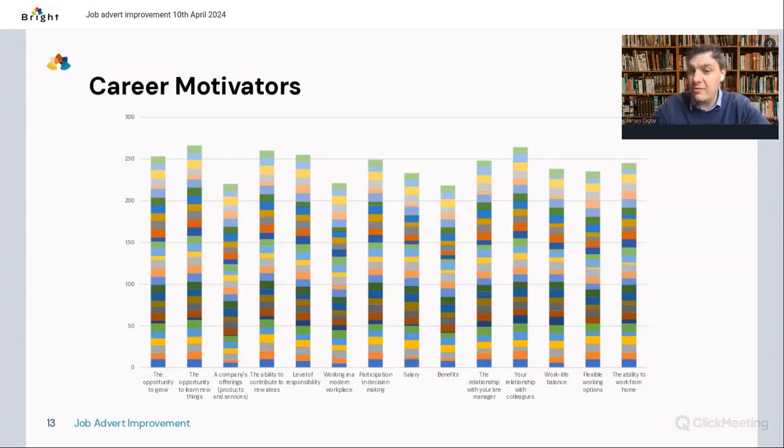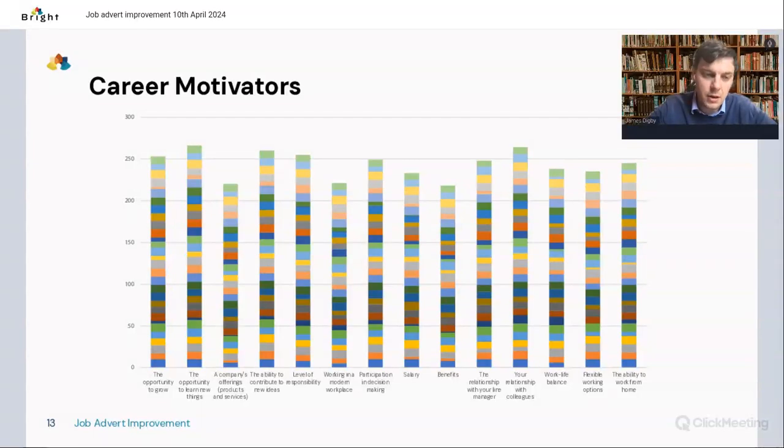Anything above that shows a very high level of interest in a particular area, and anything below that shows that people find it relevant, but it's not something they're likely to switch jobs for if they're a passive candidate. So we know that salary, benefits, working in a modern workplace, and the school's or business's offerings are particularly low motivators for people compared to other things.